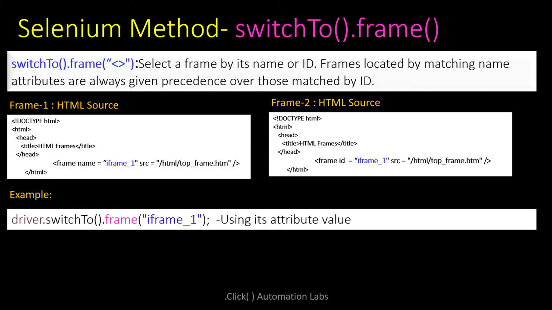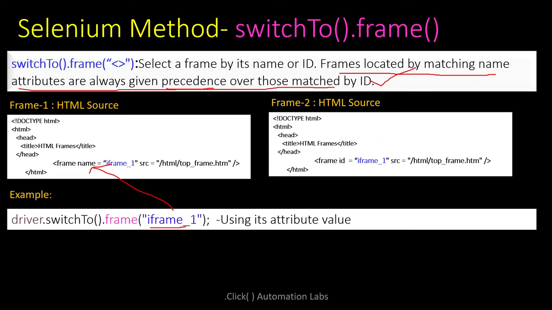But you don't have any mechanism to mention whether this is a name or an ID. You just pass a value, either name or ID, and WebDriver will switch to one of these frames. Obviously it will switch to the first one because of the precedence: frames located by matching name attributes are always given precedence over those matched by ID.